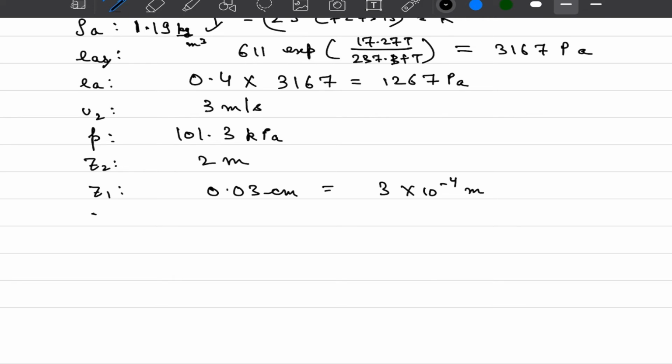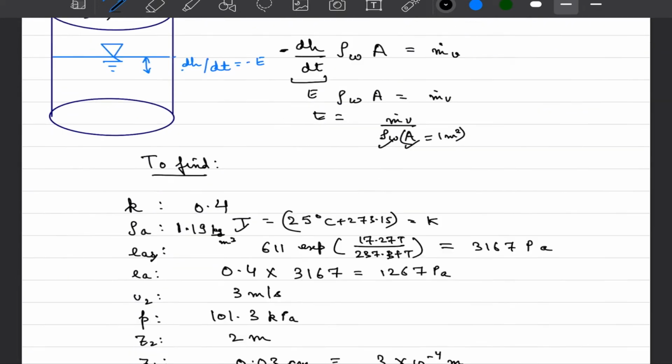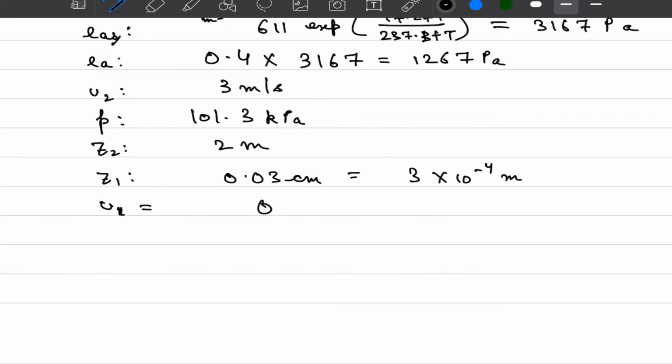The velocity corresponding to z1 is equal to 0, because the premise of this equation is based on the fact that there was a term of u2 minus u1 and we put u1 equal to 0 corresponding to the height of z0.